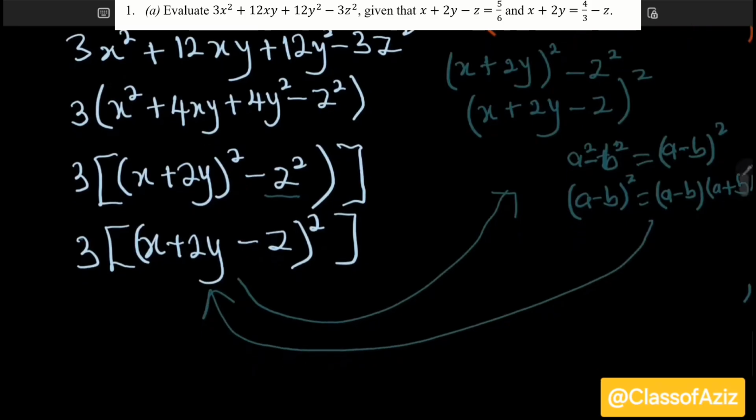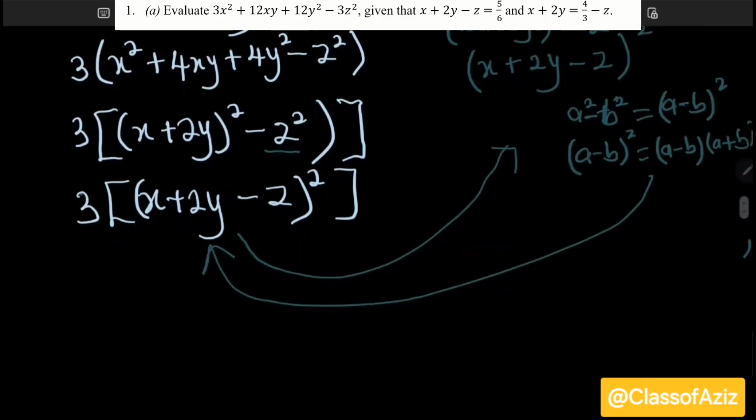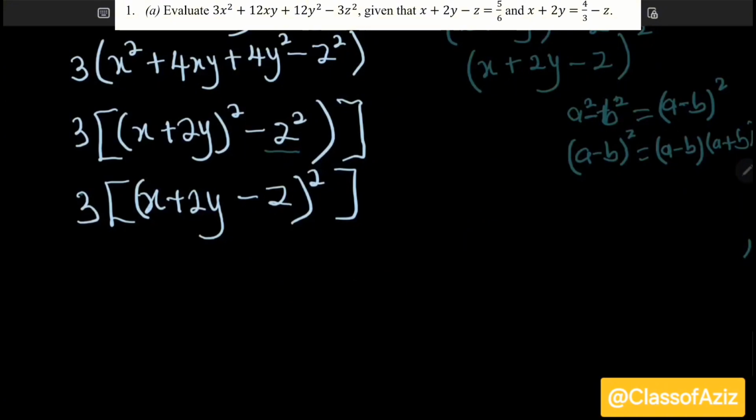Okay, so what we will do is that we will say 3x plus 2y minus z, okay, right?